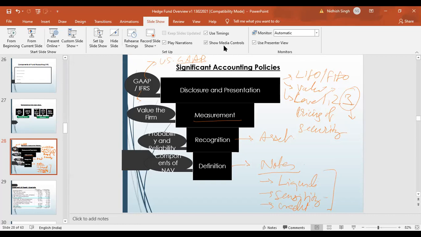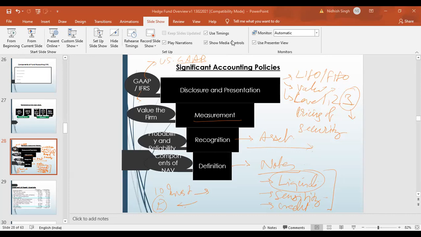Because we know there are, say, 10 different investors in the fund, and they have all invested with a certain lock-in period. But after the lock-in period, they might divest money. They can withdraw the money. If two investors decide to withdraw the money, what will be the liquidity risk if I have all the investment in long-term securities? So these are the components that one needs to understand and report as per the relevant accounting policies and standards.